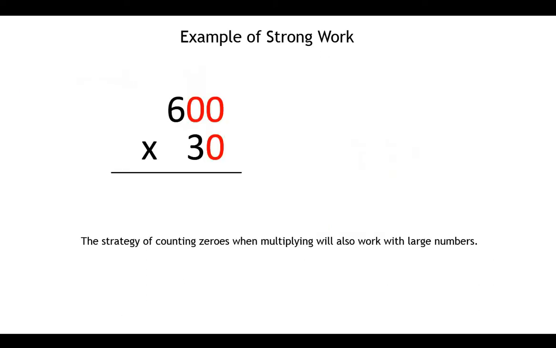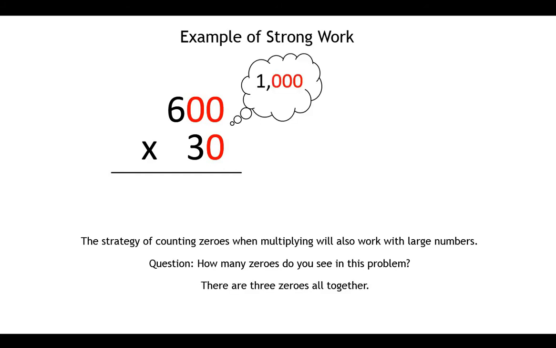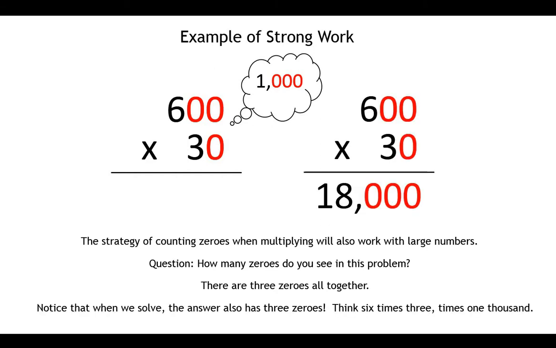The strategy of counting zeros when multiplying will also work with large numbers. Question: how many zeros do you see in this problem? There are 3 zeros altogether. Notice that when we solve, the answer also has 3 zeros. Think 6 times 3 times 1000.